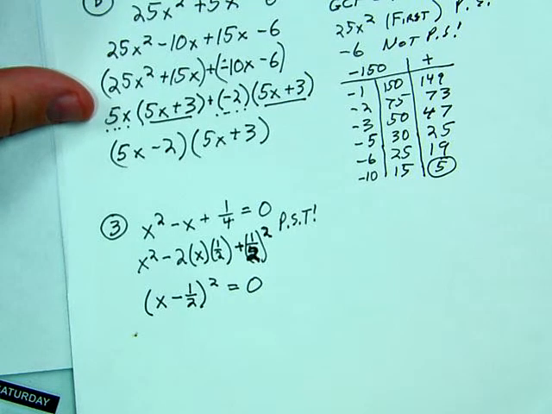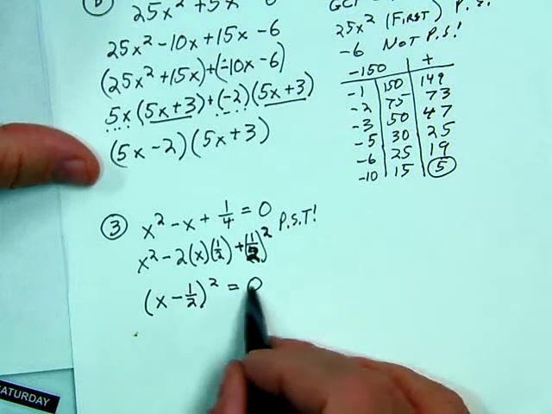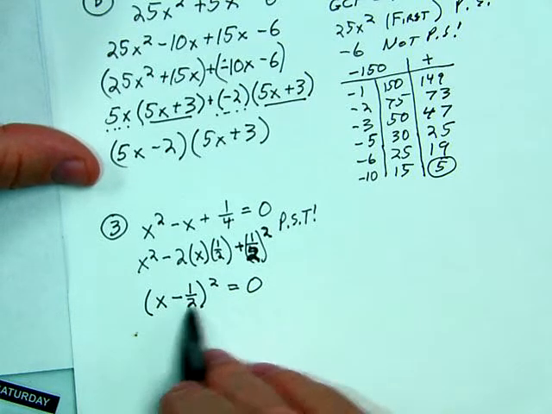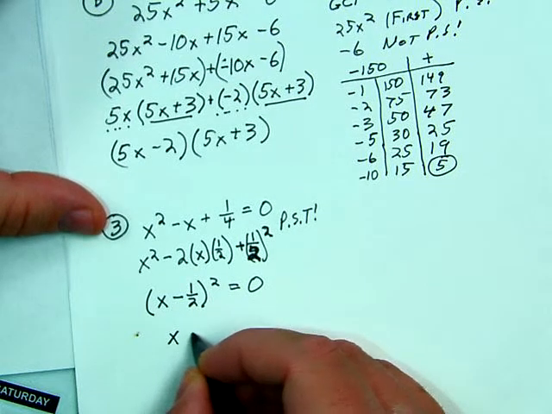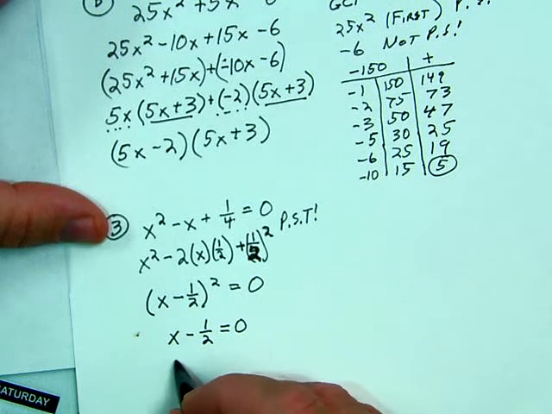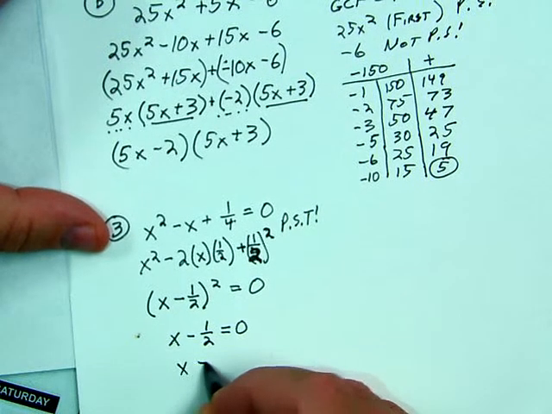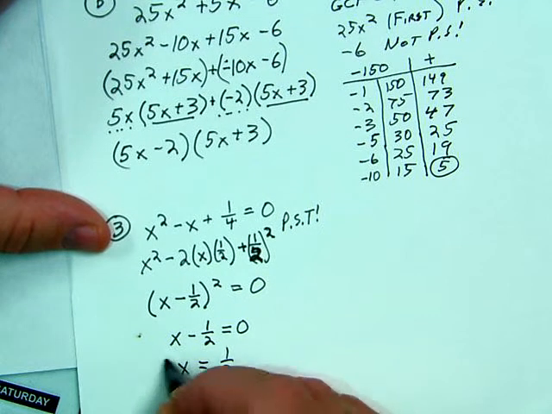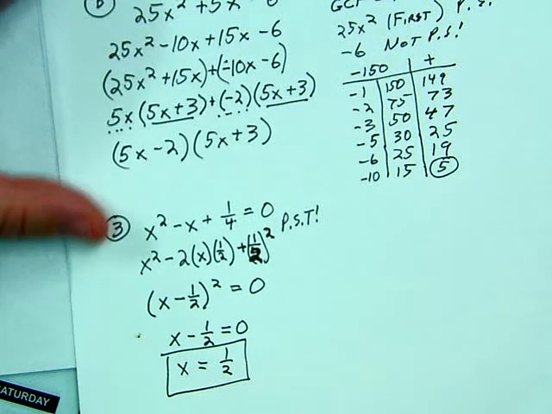And when you have that, now since it's equal to 0, I've got to set both of these equations equal to 0, but both of the equations are exactly the same, so I really only have to do it once. x minus 1/2 is equal to 0. I add 1/2 to each side, and that is my final answer.